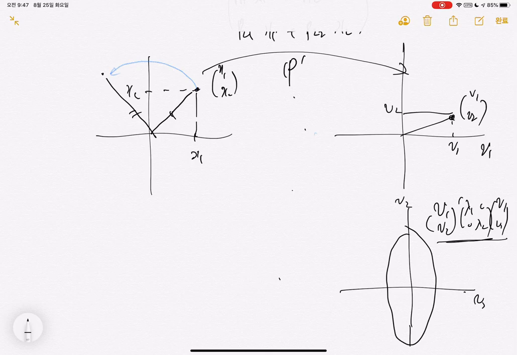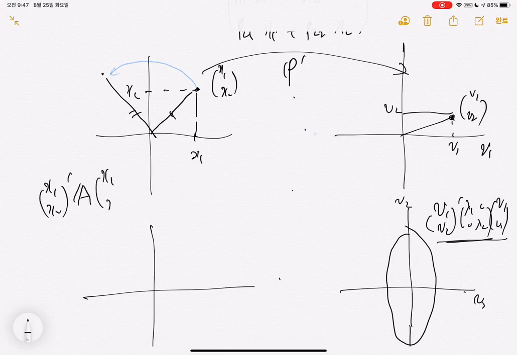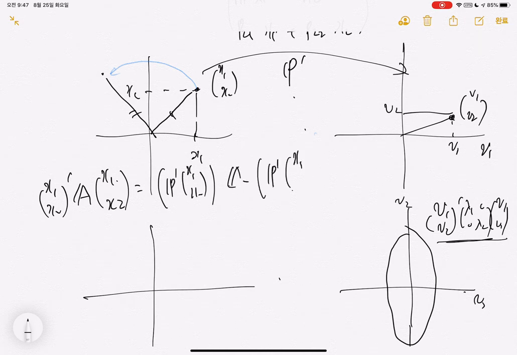So in the original form, x1, x2 prime A x1, x2 is going to be P prime x1, x2 and lambda and P prime x1, x2.